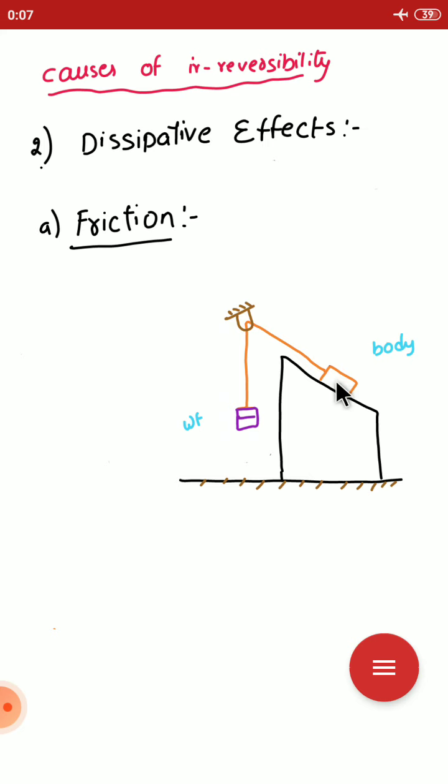This is the body. When we lift the weight, the body will move down.